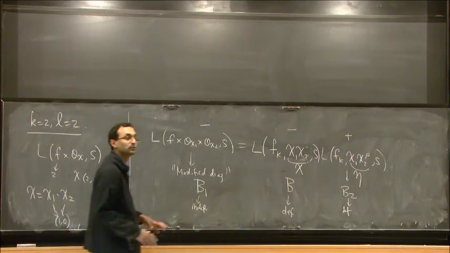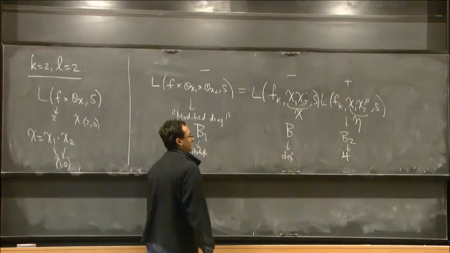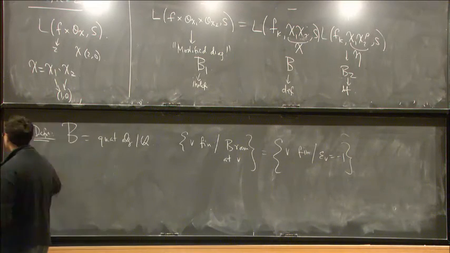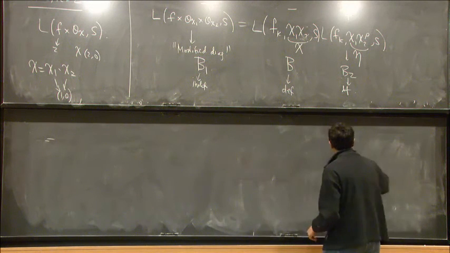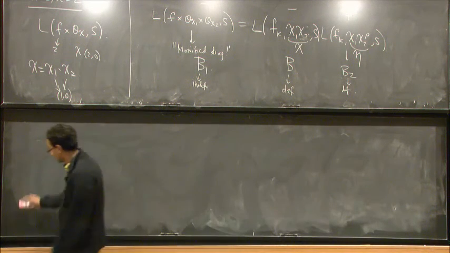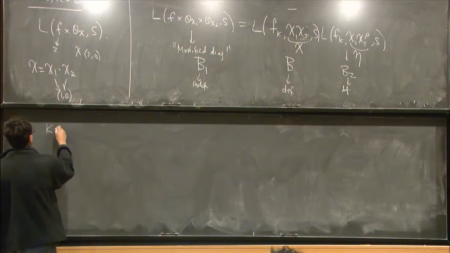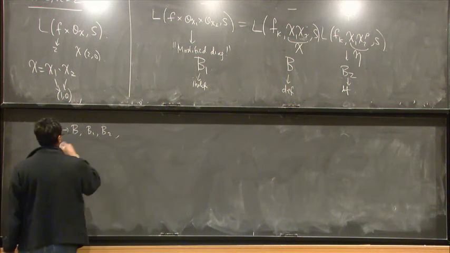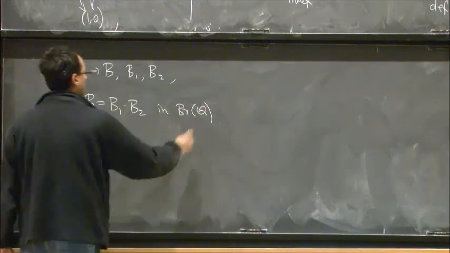Okay, so the product of any two of them is a third in the Brauer group. So the situation is that I have K sitting inside B. K sits inside all of these quaternion algebras, and B is equal to B1 times B2 in the Brauer group of Q.